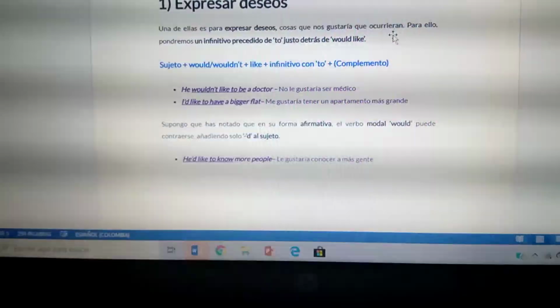Express wishes: one of them is to express wishes, things that we would like to happen. For it, we will put an infinitive preceded by to just behind would like.